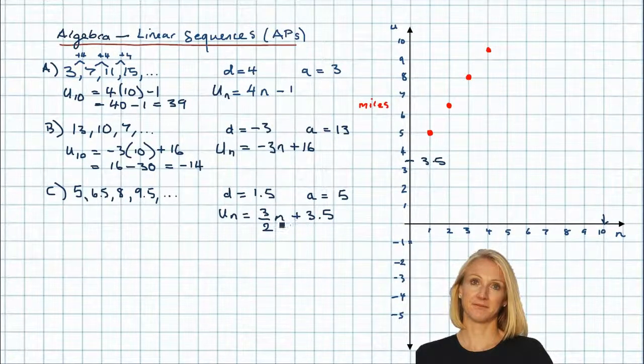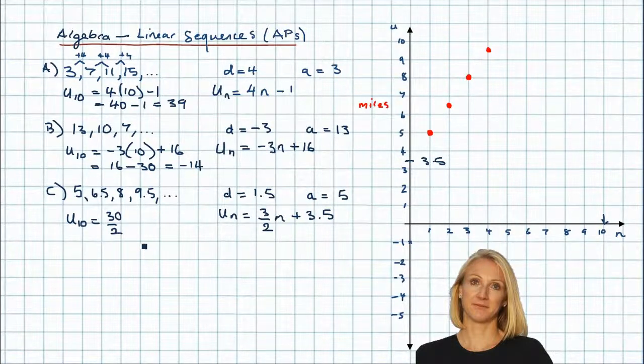So now that we've got our function, we want to know what Paula does in her 10th week. So our 10th week is represented by u sub 10. Now we have our formula, or our function if you like. 3 over 2 times n is 10, so it's 30 over 2.